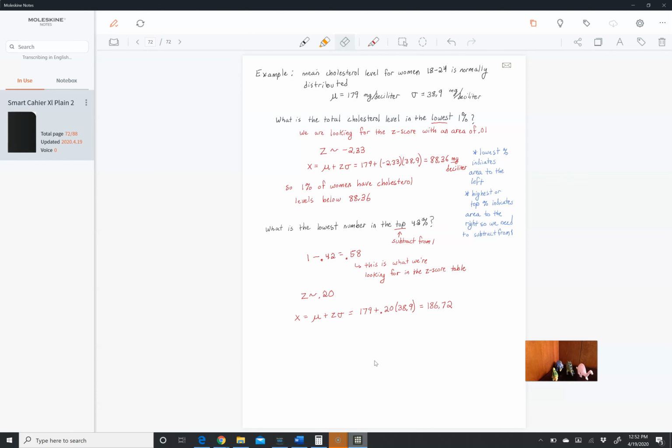And what does this tell us? This tells us that 58% of women have below 186.72, or 42% of women have a cholesterol level higher than 186.72.